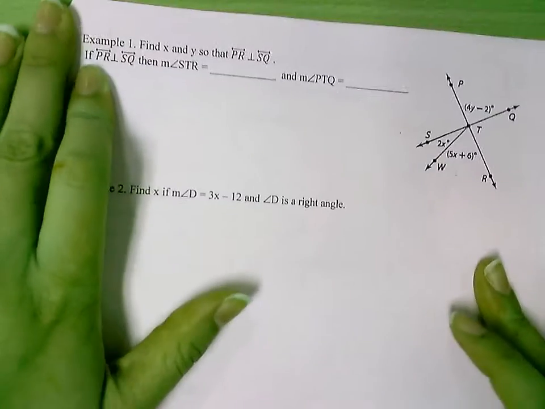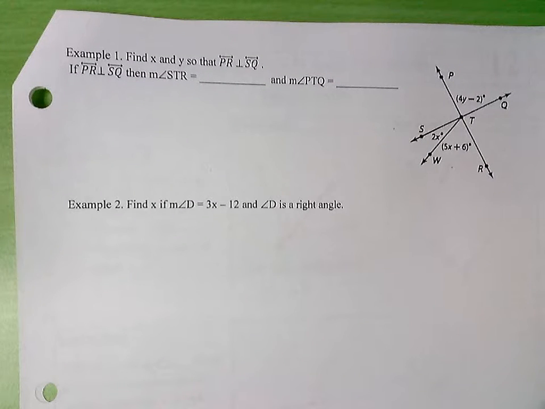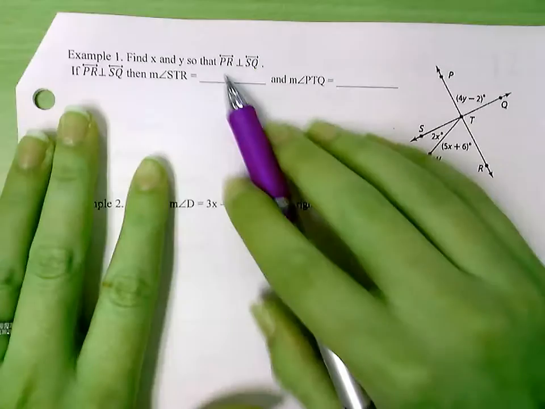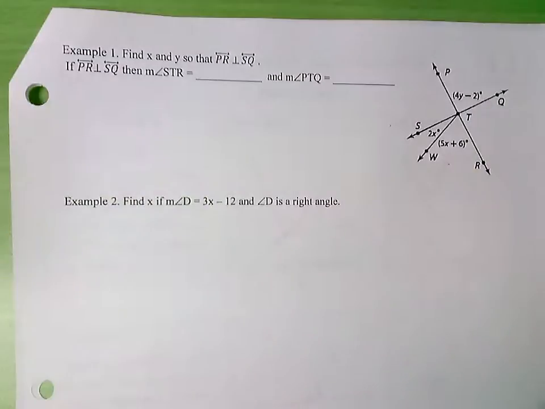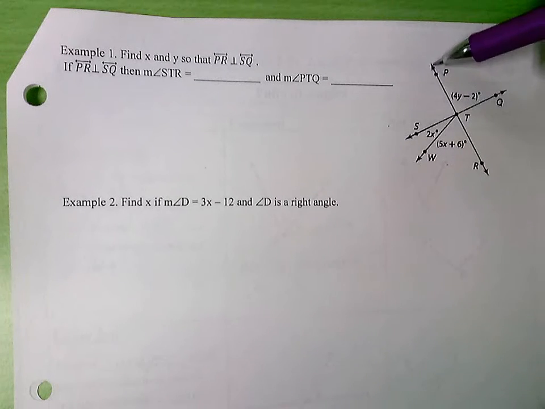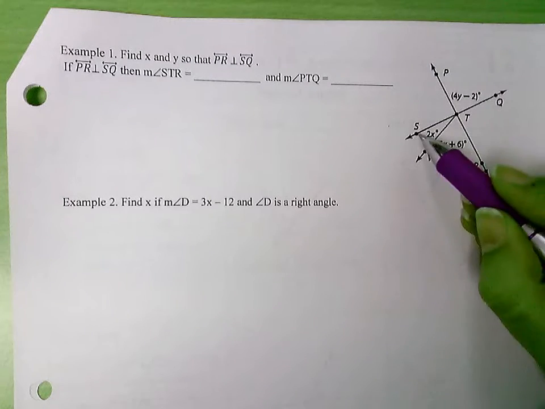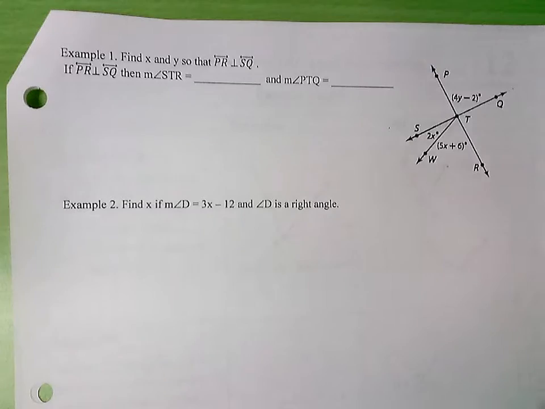All right, a few examples here. We want to find x and y so that line PR is perpendicular to line SQ. We want them to be perpendicular to each other.